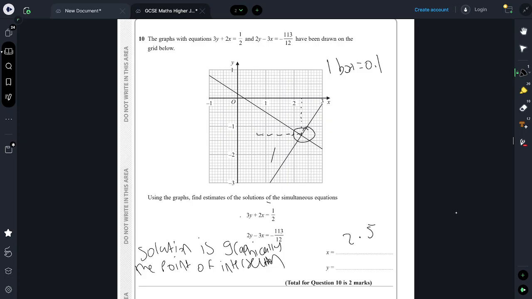Not drawn very well. Using a ruler makes this a lot easier. Obviously, I don't have one. So it's this line here. So it's going to be minus 1, minus 1.1, minus 1.2, minus 1.3. If you read it off there, that should be your answer there.